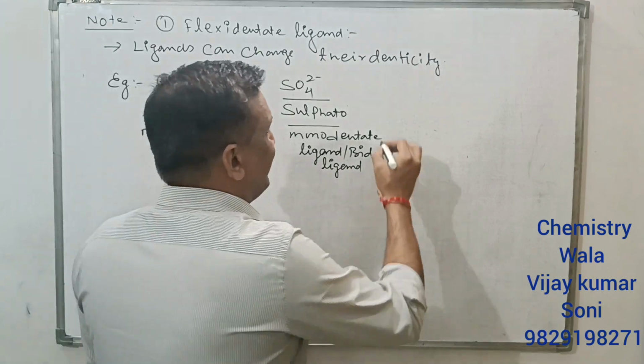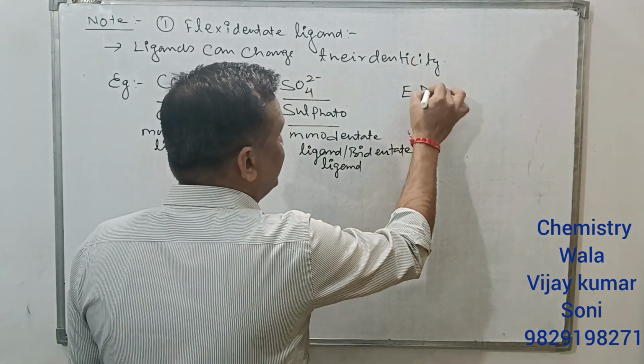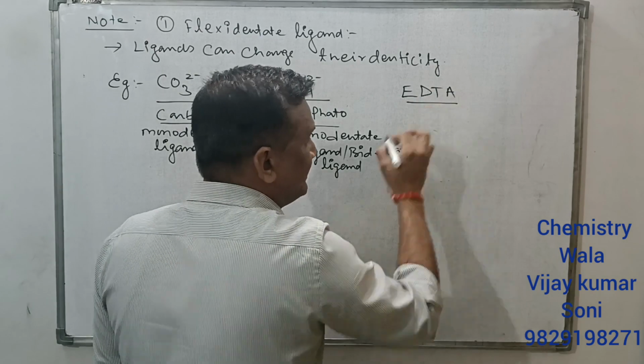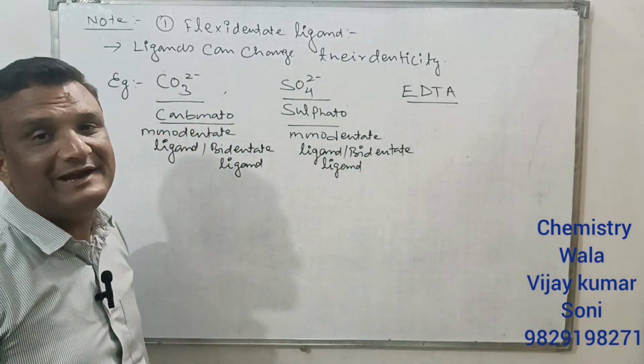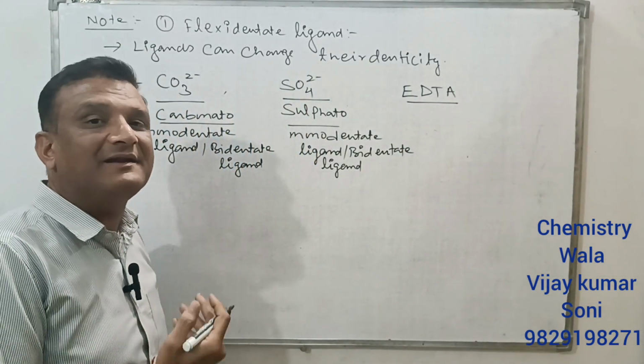But the very important example is EDTA. We have discussed EDTA. EDTA 3 minus is a pentadentate ligand.